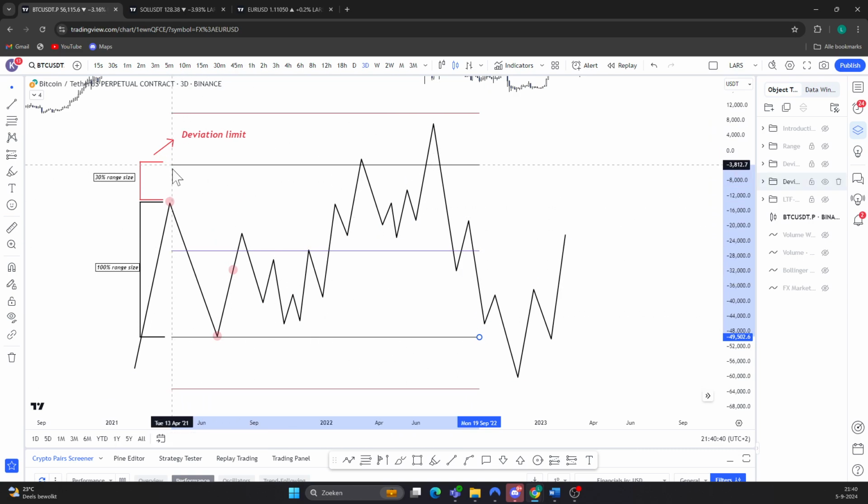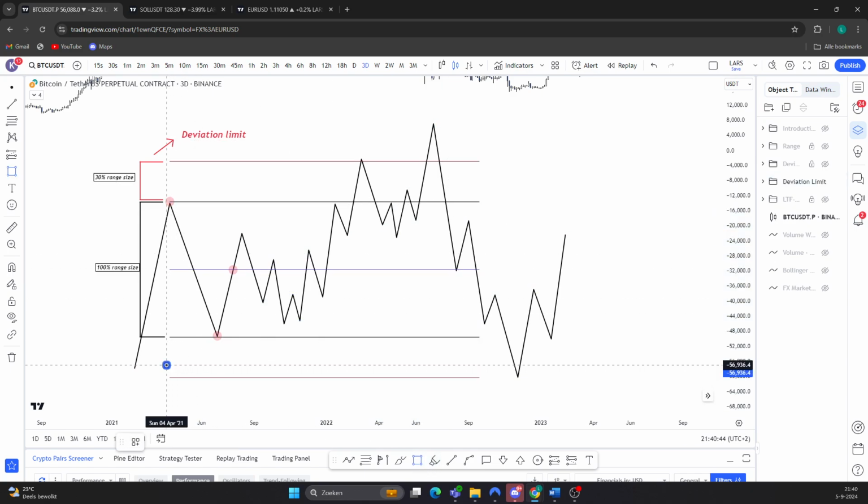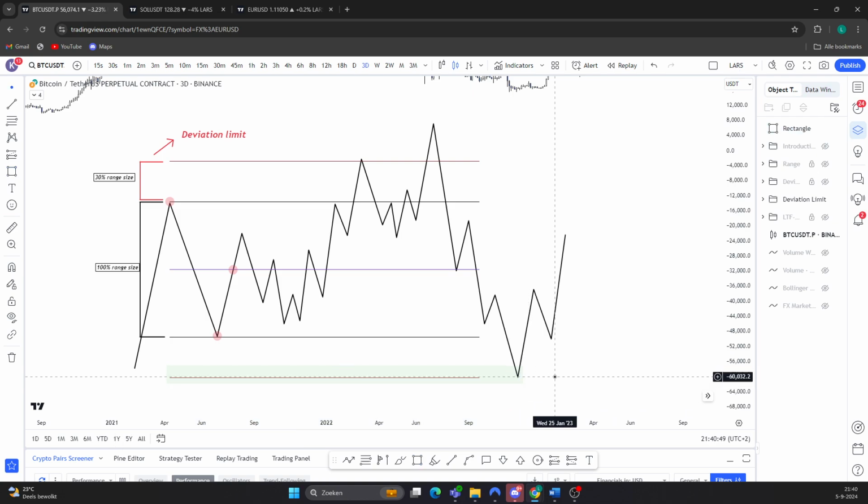Now, another thing is that when I have, for example, a very good looking demand zone, which is something we will be talking about in lecture 3, overlapping my deviation limit, I'll just picture this deviation limit being below the demand zone, because we could close in the demand zone and still get that bounce because it's a good looking place to look for a long.